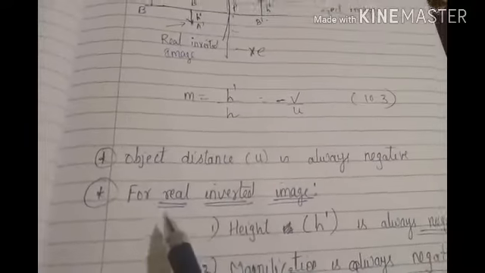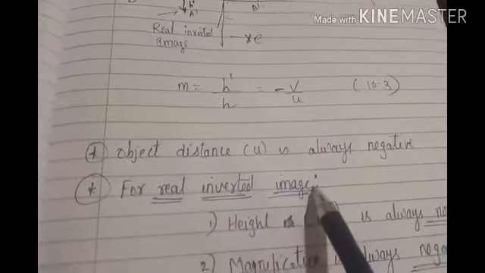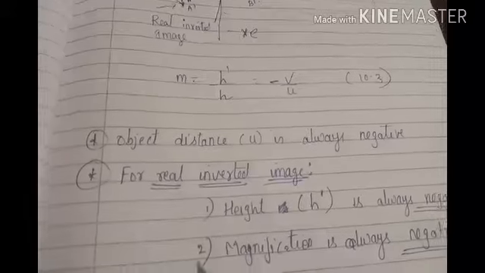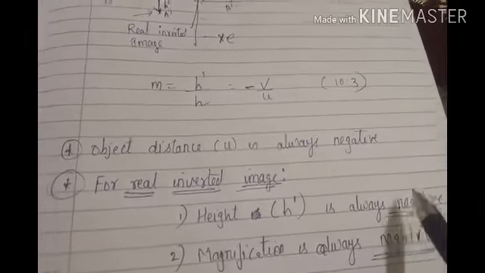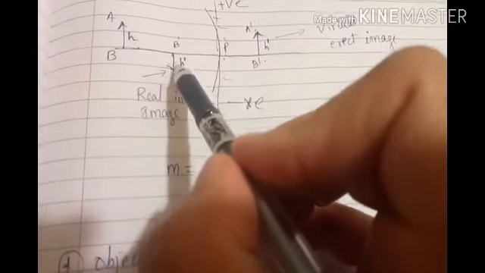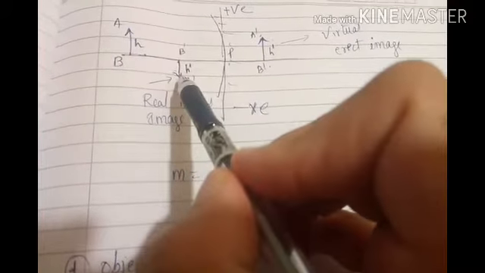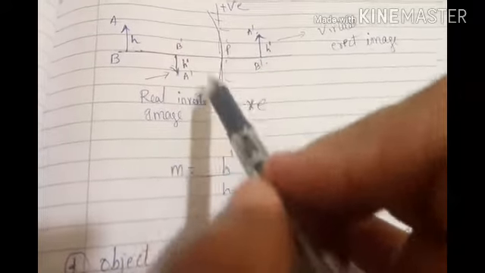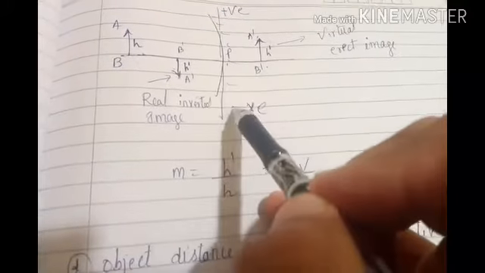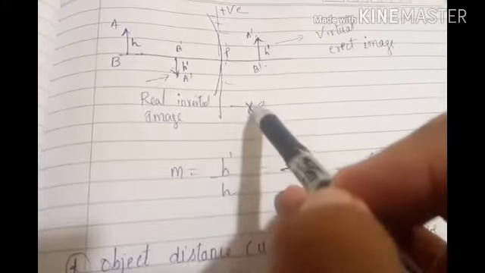Now for a real inverted image, all these points are very important. The height h dash is always negative. Why is the height negative? Because on the axis, if you draw the x axis and y axis, below the origin it will be negative.